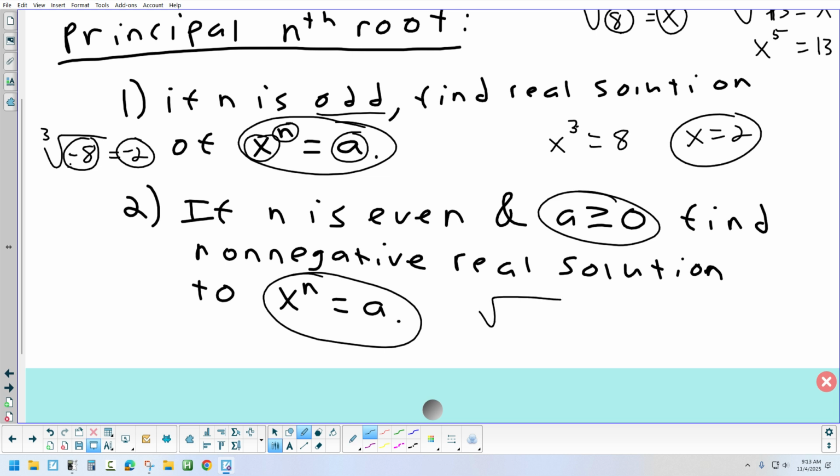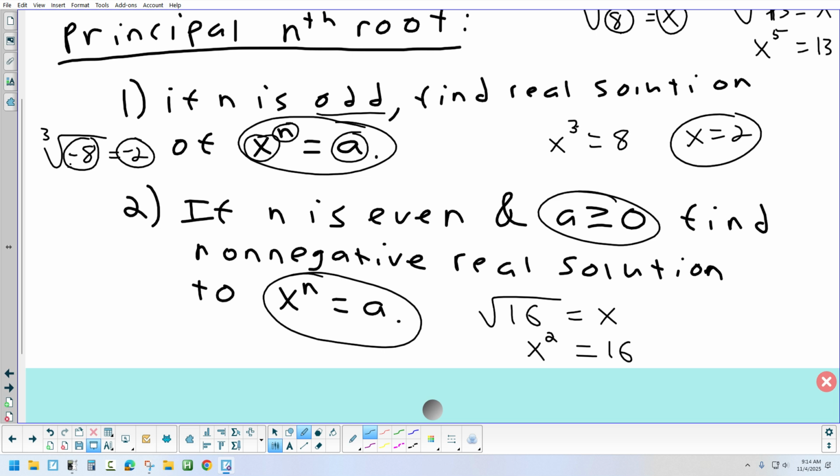Let's say somebody's never seen a square root, and I asked them to figure that out. I would say, all right, square root means your index is what? 2. Square root means that there is some number you can raise to the second power and get an answer of 16.